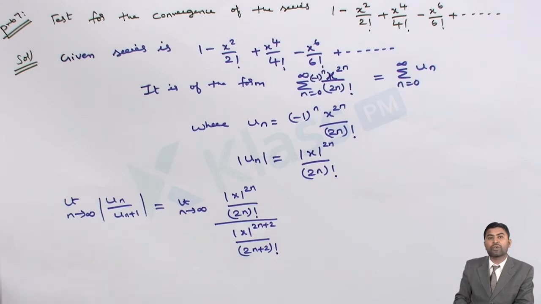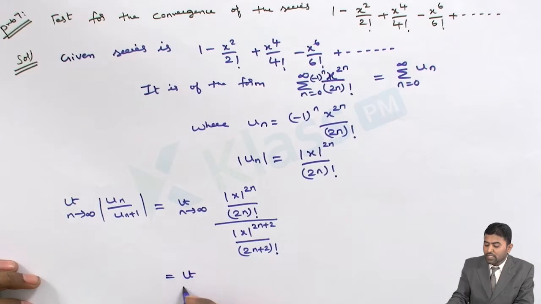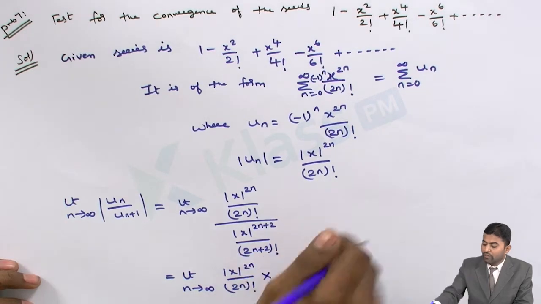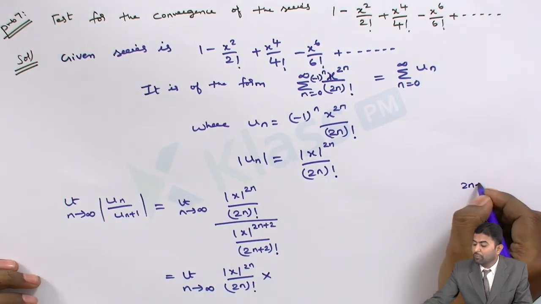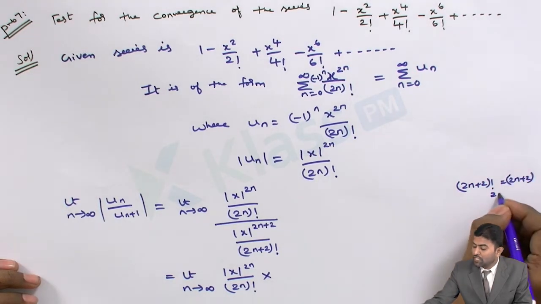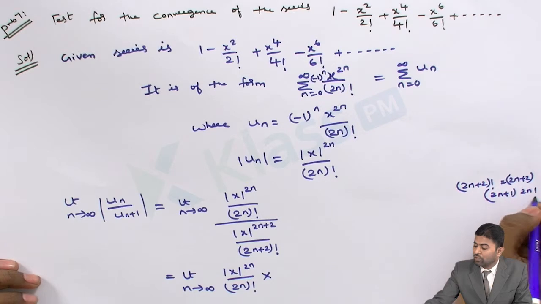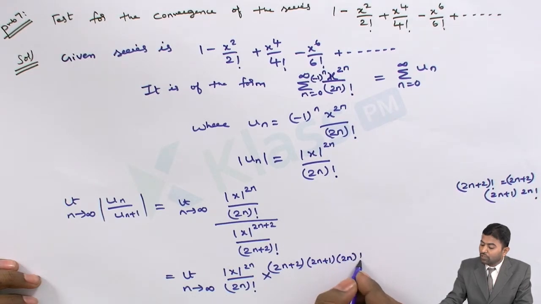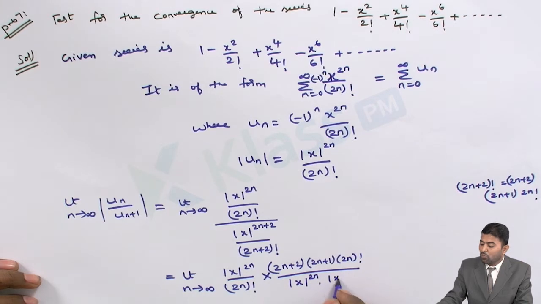For un plus 1, replace n with n plus 1, so that becomes 2n plus 2. Then I can write this as limit n tends to infinity mod x power 2n by 2n factorial into, reverse it, 2n plus 2 factorial as 2n plus 2 into 2n plus 1 into 2n factorial divided by mod x power 2n into mod x power 2.